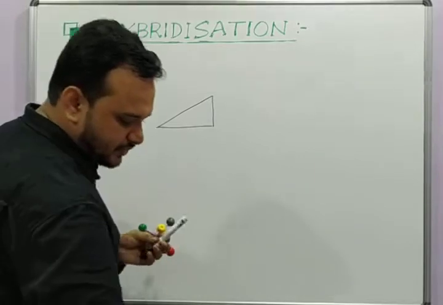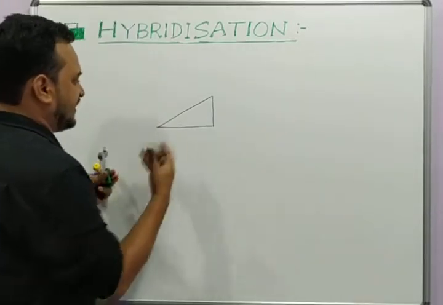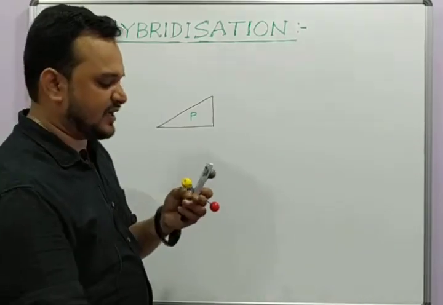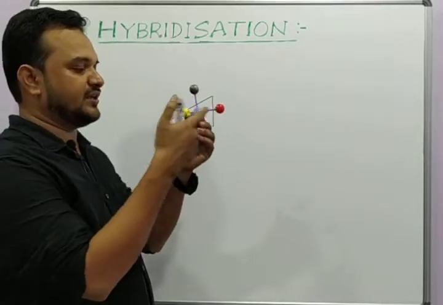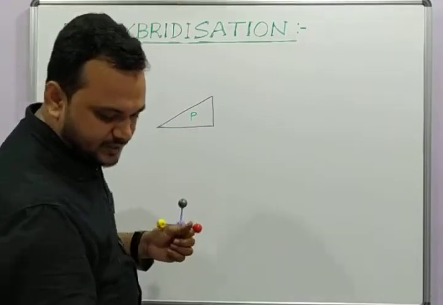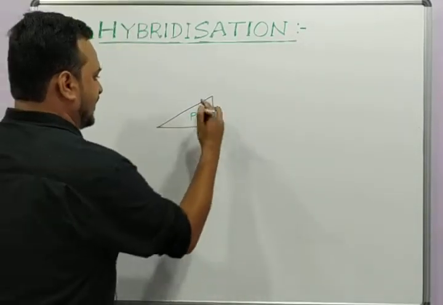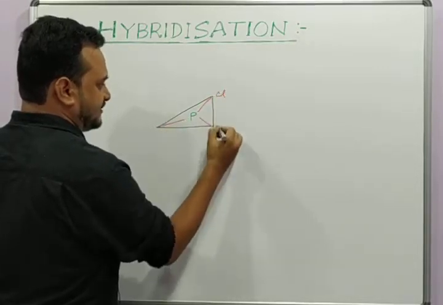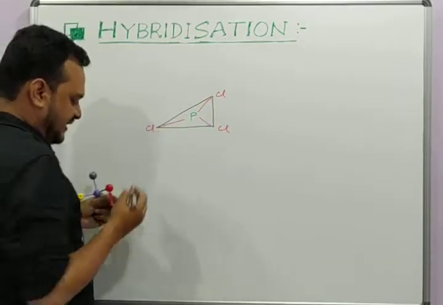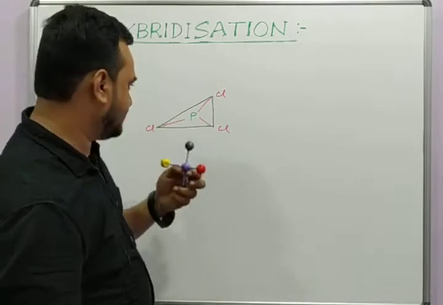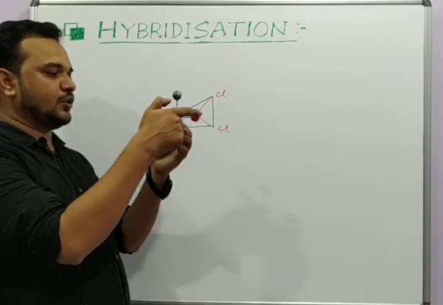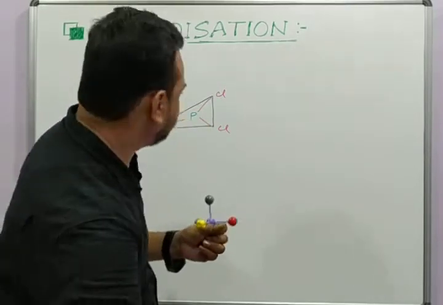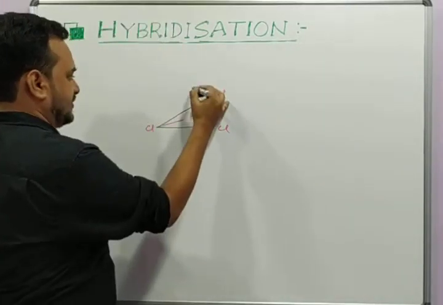So I am writing phosphorus here at the center, and the 3 chlorines are at the 3 vertices of that triangle, right? So I am putting the 3 chlorine atoms at the 3 vertices like this, and then we have 2 more chlorines which are perpendicular to this trigonal plane, right? So it looks like this.